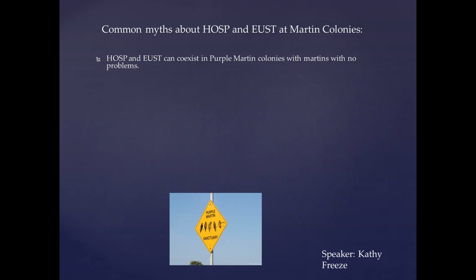The first one is that house sparrows and European starlings can coexist in purple martin colonies with the purple martins with no problems. That is not true in the majority of the cases. One, the house sparrow is very territorial. They have a range from their natal home of about 2 to 3 miles.